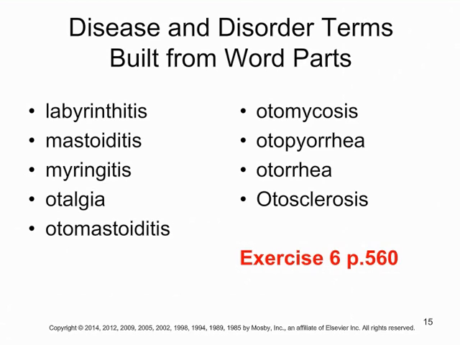We can also have otopyorrhea. Rhea means discharge or flow of. If we remember, pyo means pus. So otopyorrhea would basically mean a discharge of pus from the ear. For whatever reason, you have pus coming from the ear, usually by some kind of infection.